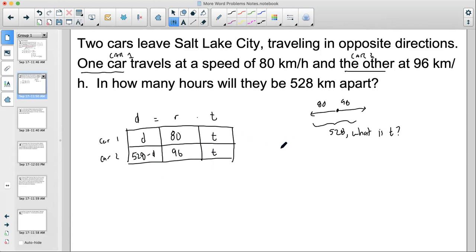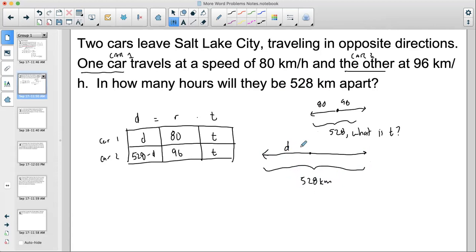And there are two ways to think about why that's true. One is this. If I have this little setup here, and let's say this is 528. This is the situation they want the answer for, when this is 528 kilometers. Let's say car 1, the 80 kilometer per hour car, travels for d kilometers.